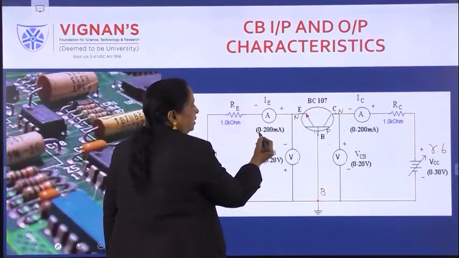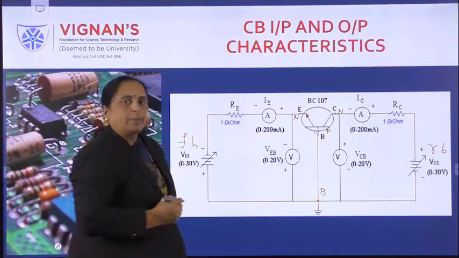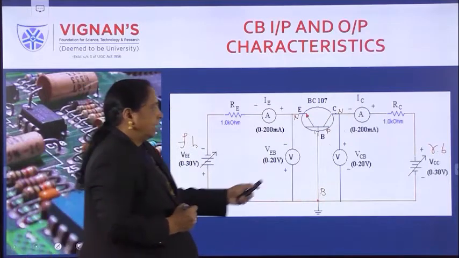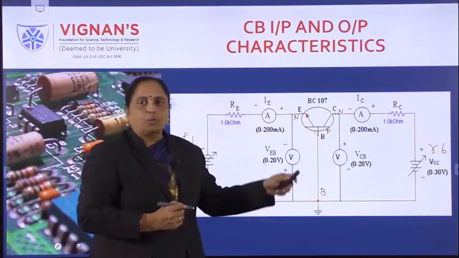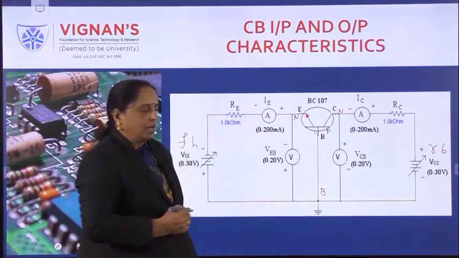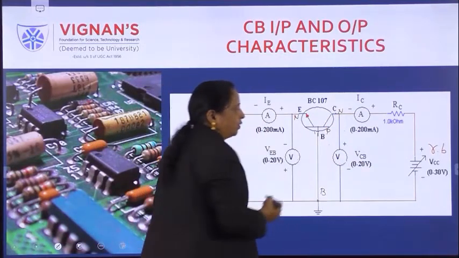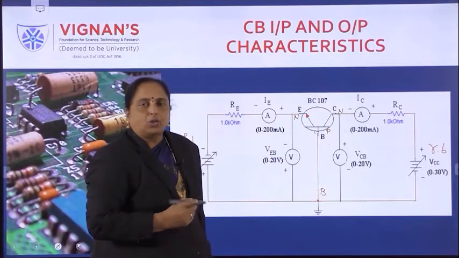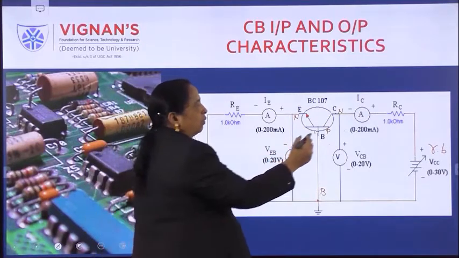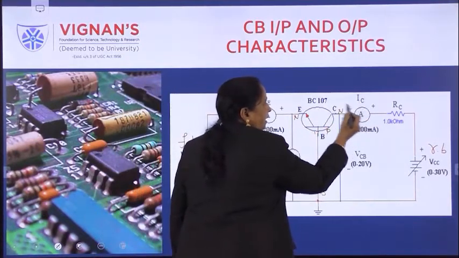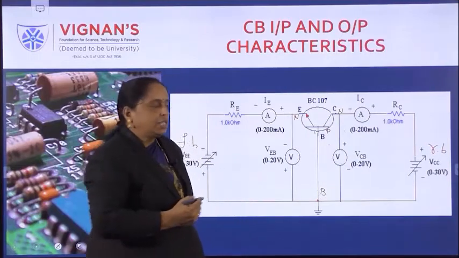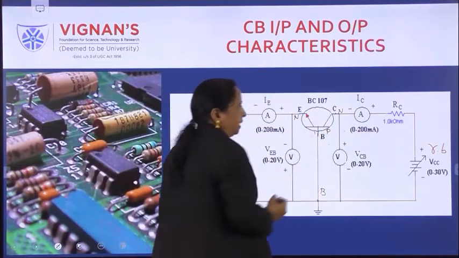Okay, usually 0 to 200 milliammeter we will connect. Then output also, to measure the output voltage and output currents, we will connect a voltmeter between collector and base. That's why this is known as VCB. And to measure the collector current, we will connect an ammeter, that is collector current, which is measured in milliamperes.